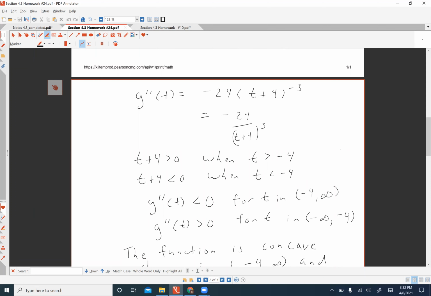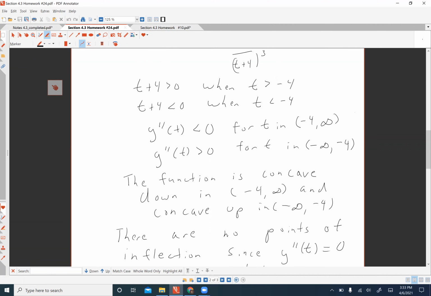So the second derivative is negative when t is in the open interval -4 to infinity. And when t plus 4 is less than 0, when t is less than -4, negative divided by negative is a positive. So g double prime is positive for t in the open interval negative infinity to -4.